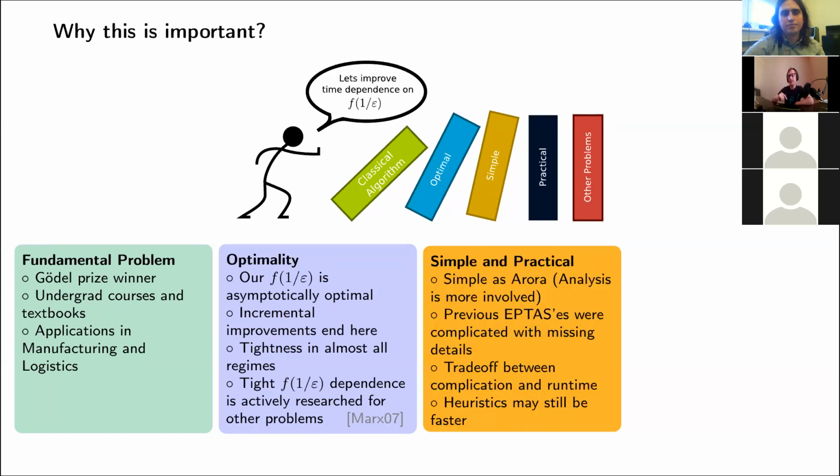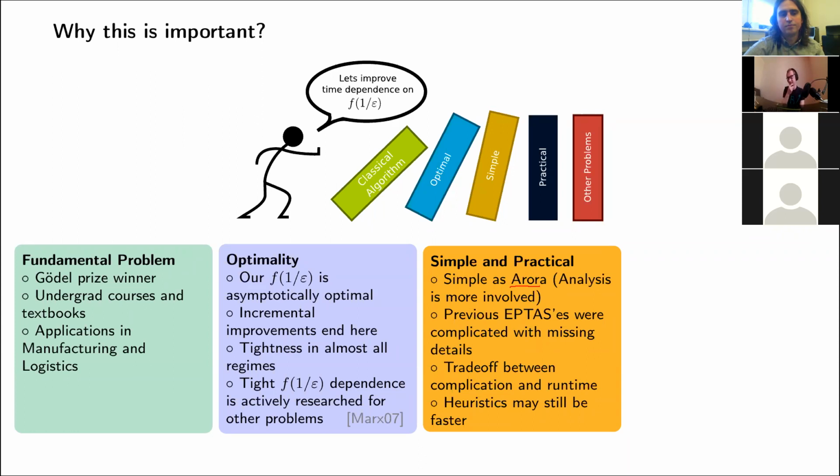The next thing is that our algorithm is super simple. I believe that our algorithm was implemented several times. To apply our algorithm is to make just one small modification to the original Arora algorithm, and you will get a fast solver for Euclidean TSP in practice.